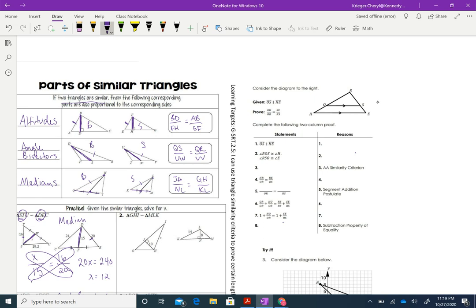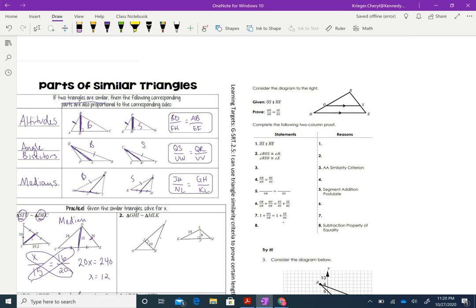So OH over OR is proportional to SE over RS. And I agree with that. That looks pretty reasonable.